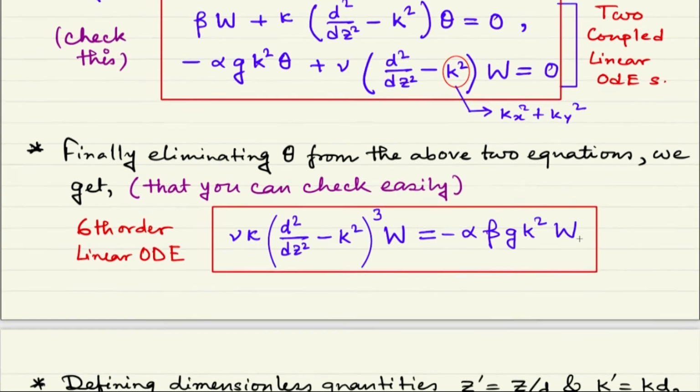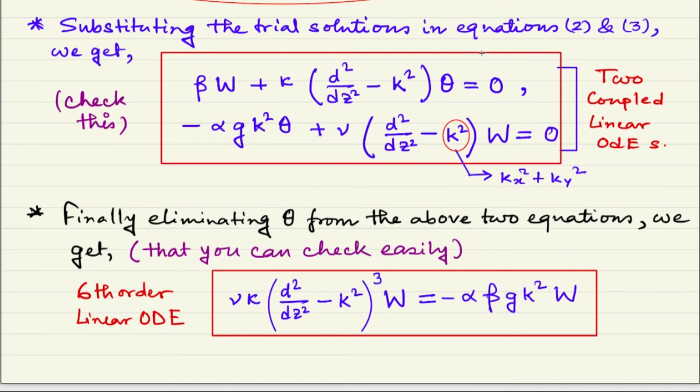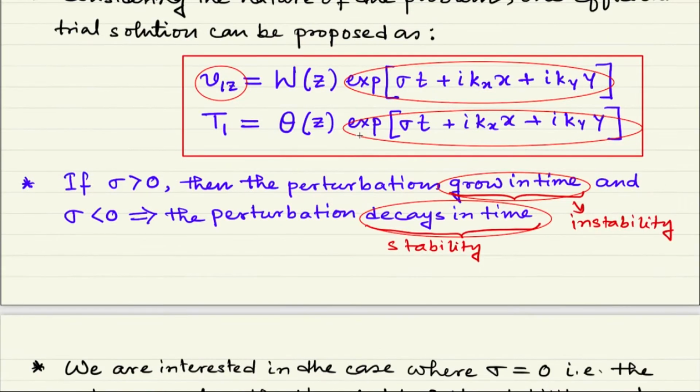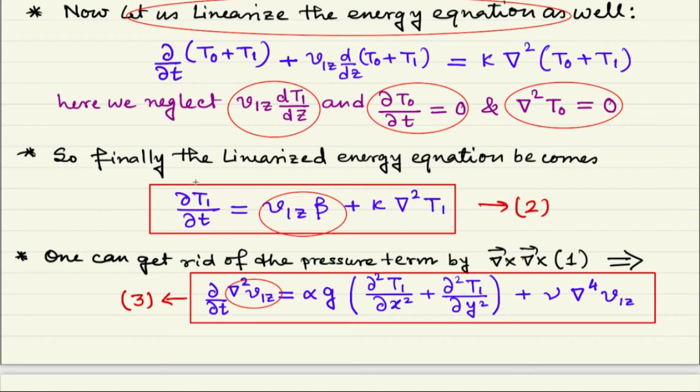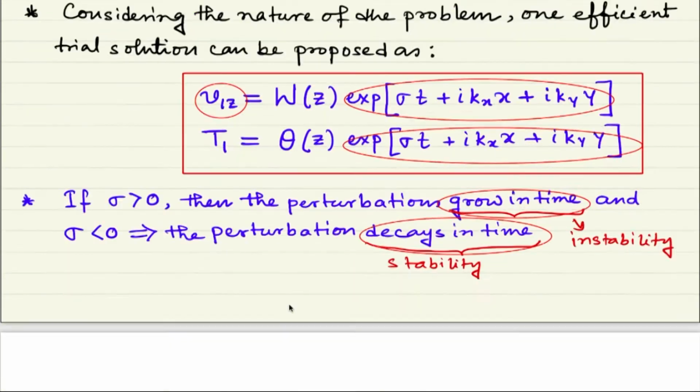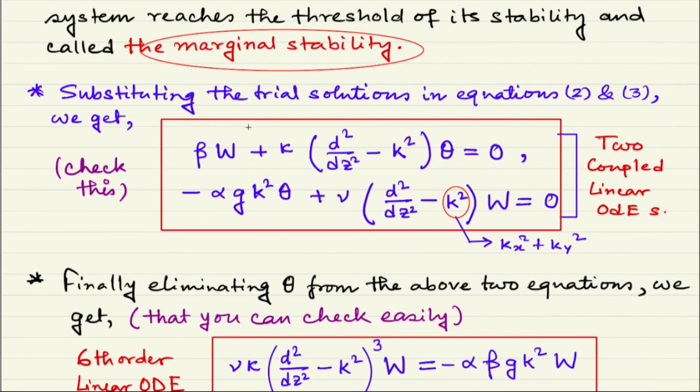So these equations with W and capital Theta constitute a system of two coupled linear ODEs. Please check how to come to these equations just by replacing those solutions. This is a very simple and elegant home task.